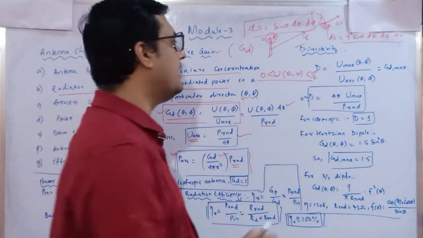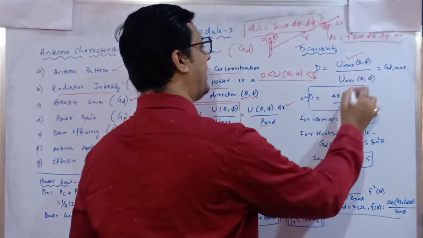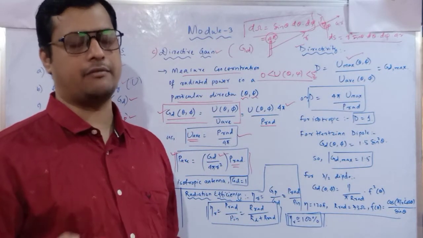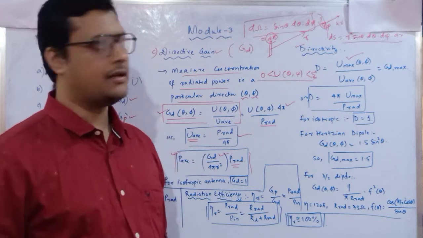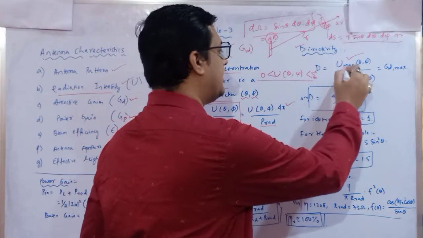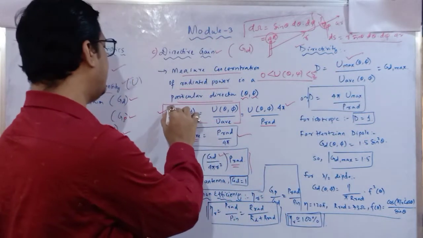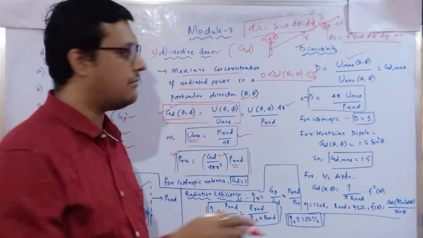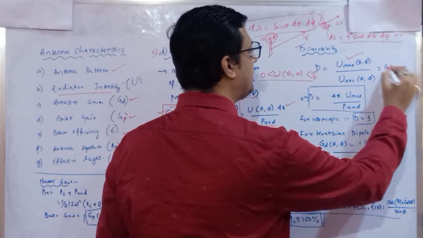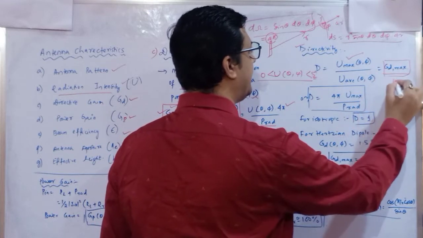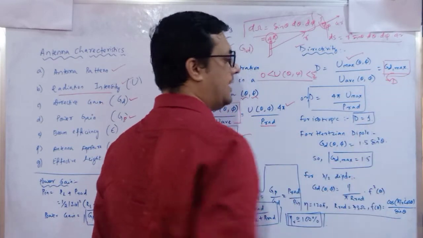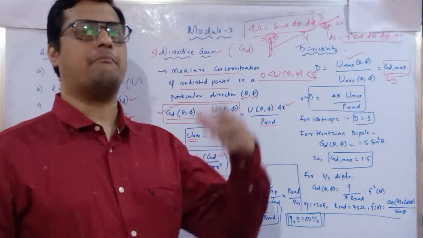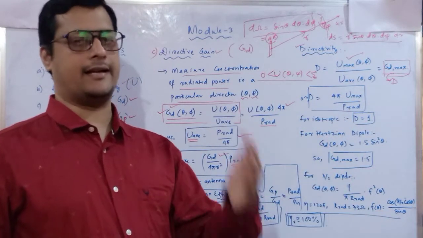So here I have written it is U suffix max divided by U suffix average, with the variation of theta and phi, as a function of theta and phi. Now this is nothing but GD, but GD is identified at which particular point? At the maximum point. So here I have written GD suffix max. So your directivity I can represent as GD suffix max. So directive gain maximum is called directivity.